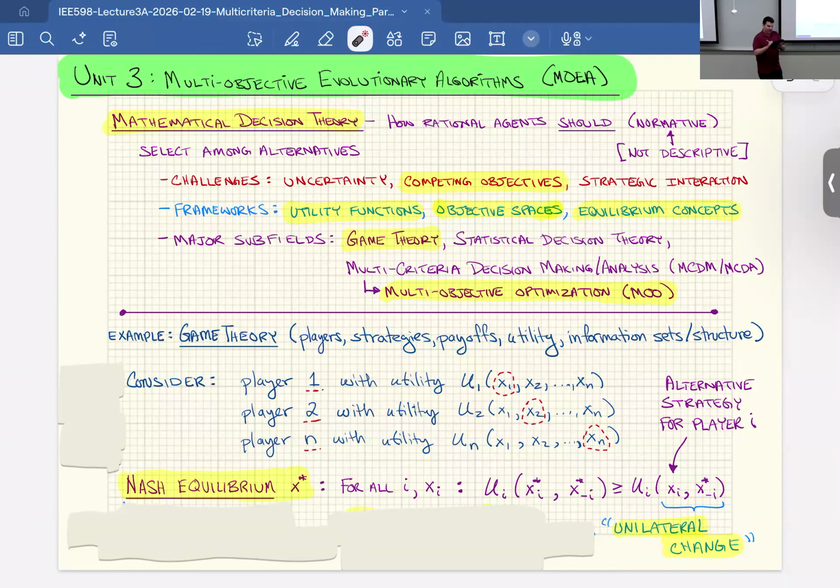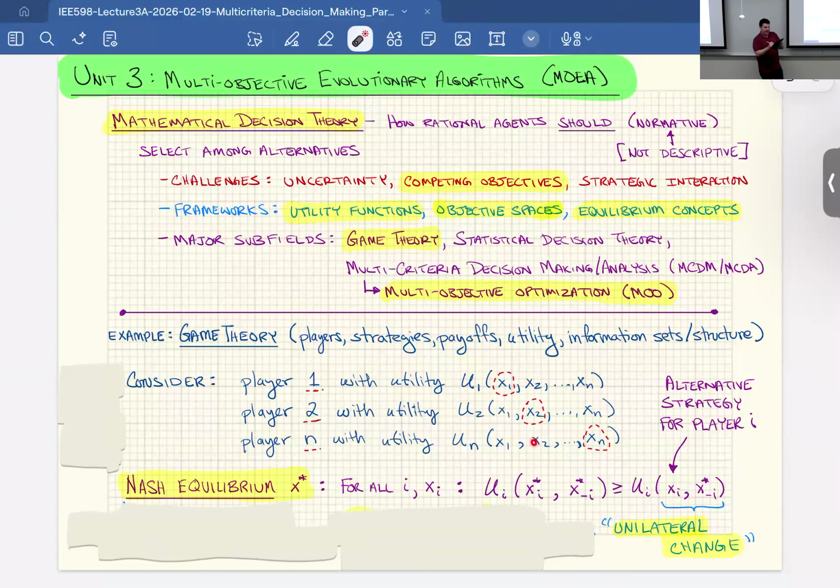So for every player and every alternate strategy that they could play off the Nash, then the utility to that player, and this is a common notation used in game theory, where rather than writing all these arguments over and over again, I focus on the one argument I really care about, and then if I do a minus in the subscript, it's all of the other arguments. So rather than me saying x1, x2, x3, and so on, xi, and so on, xn, I just do this instead.